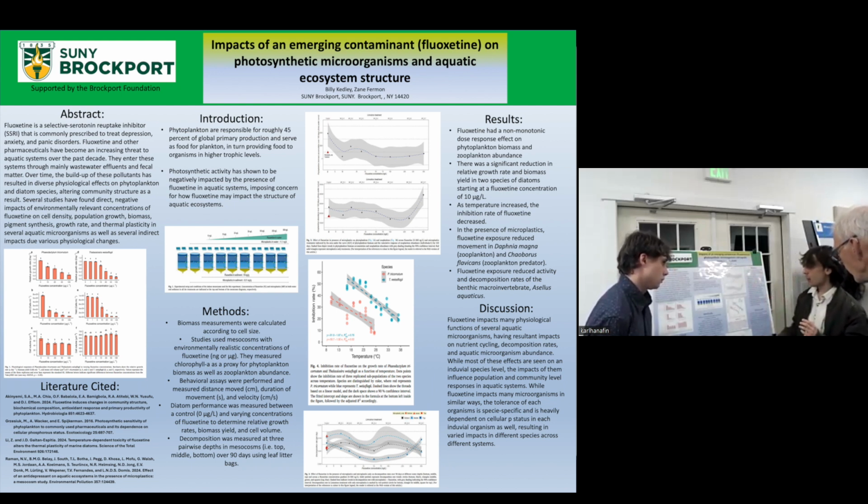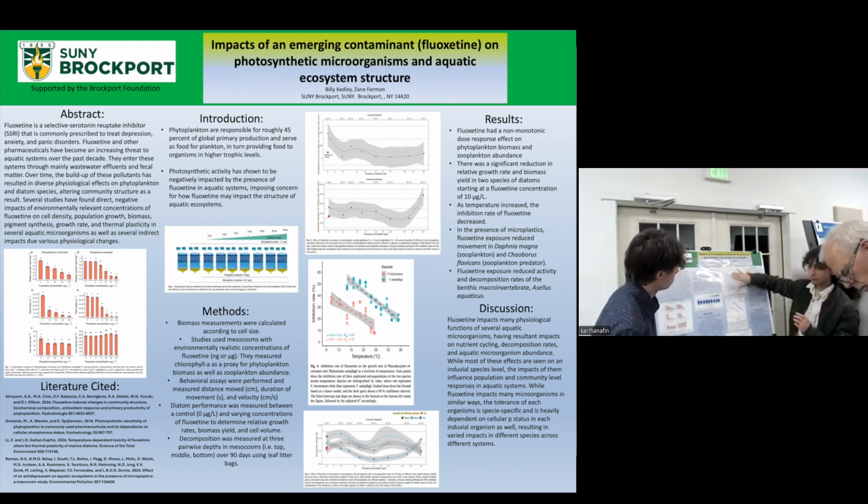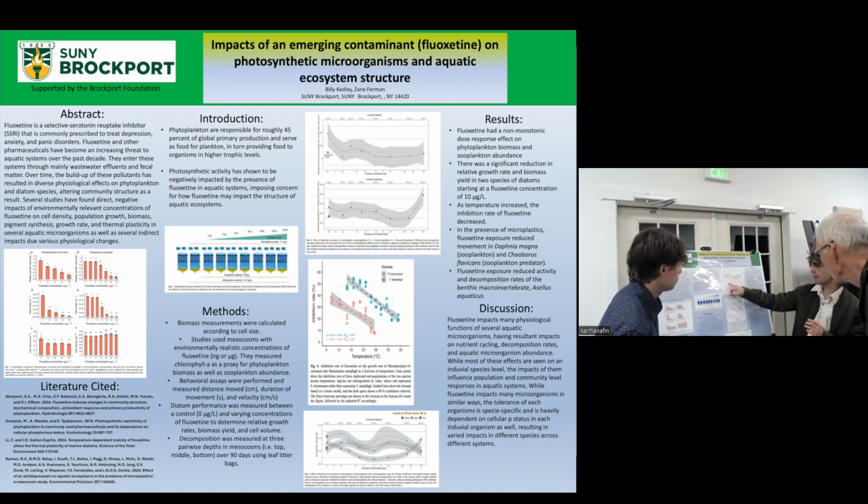That being said, however, each species differs. They found some non-monotonic dose response relationships with phytoplankton biomass and zooplankton abundance across the different concentrations. At low concentrations, there tends to be a decrease in both zooplankton abundance and phytoplankton biomass.